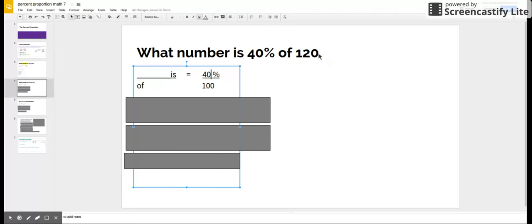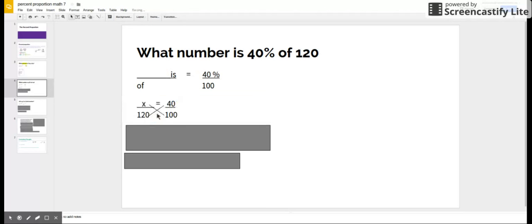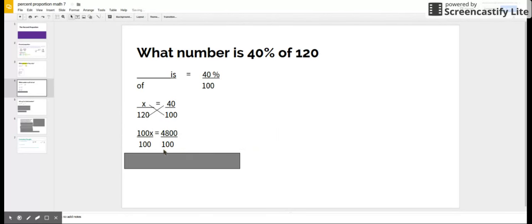So this of 120 is going to go down here at the bottom where it says of. So now we can cross multiply. 100x is equal to 4,800. Divide both sides by 100, and you get your x to be 48.